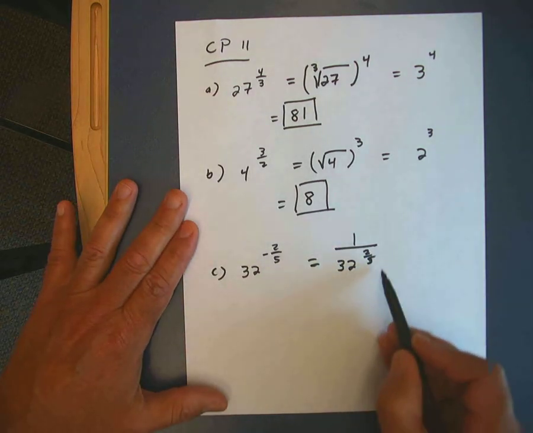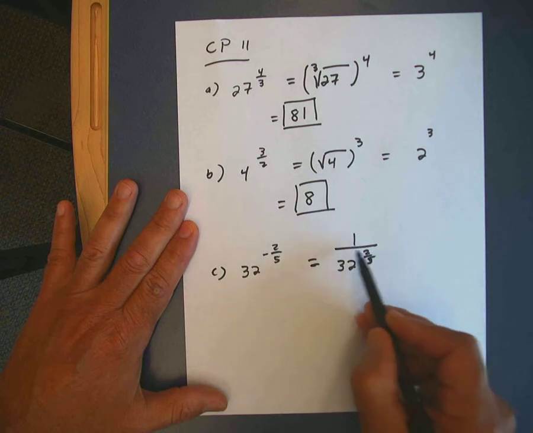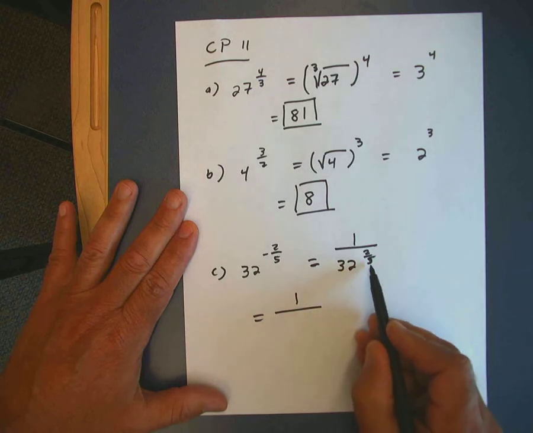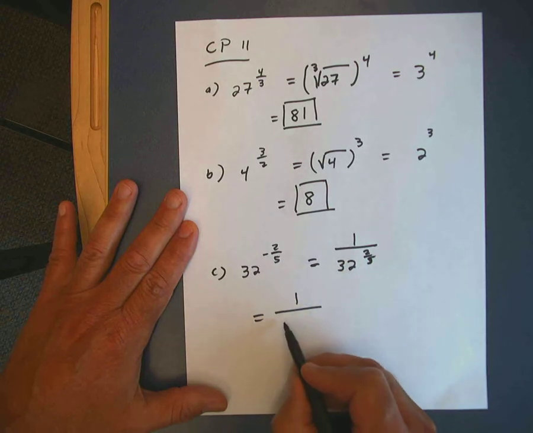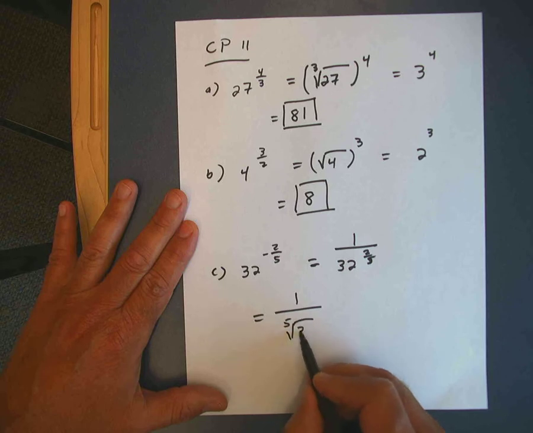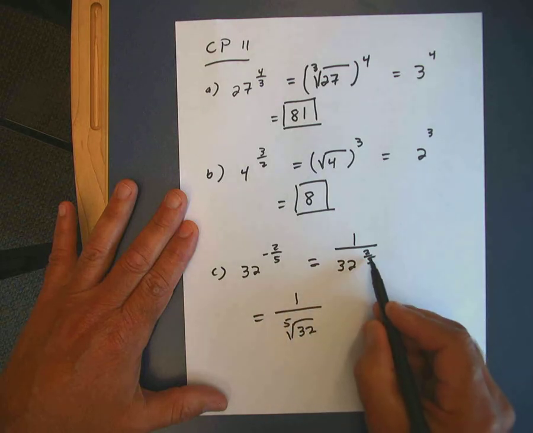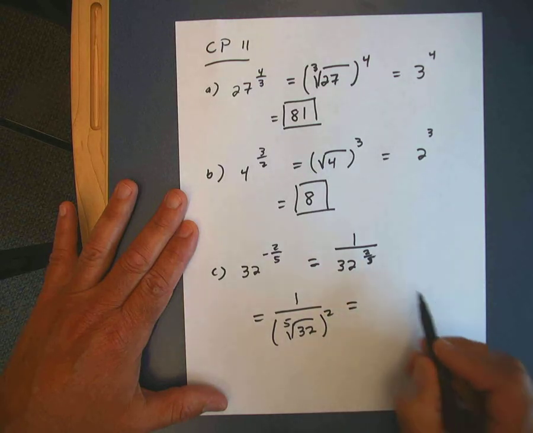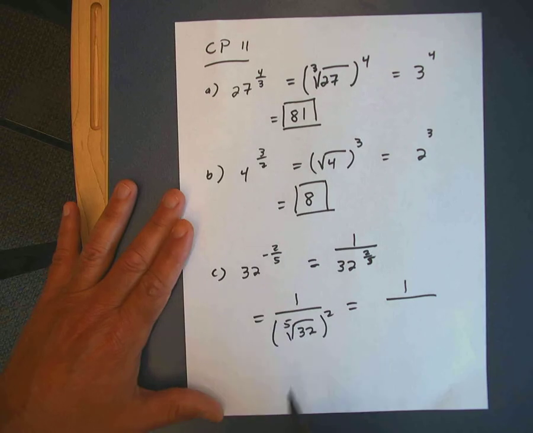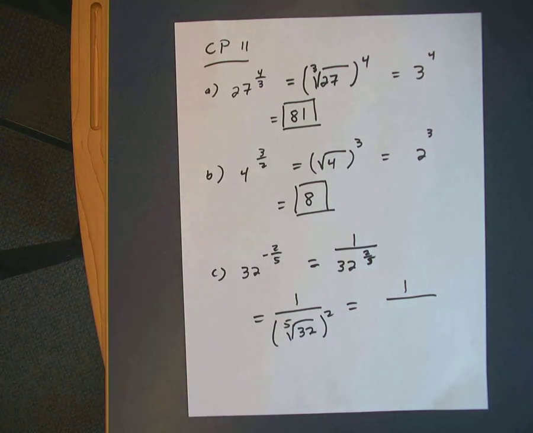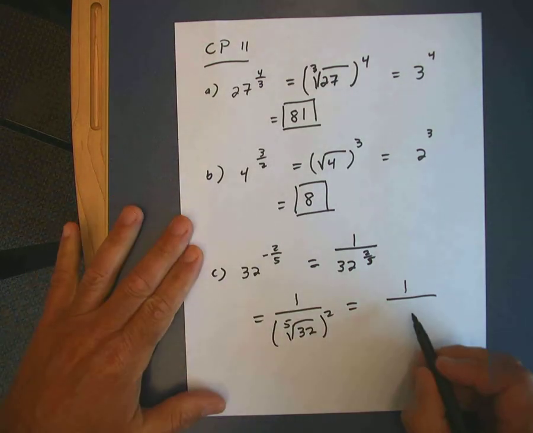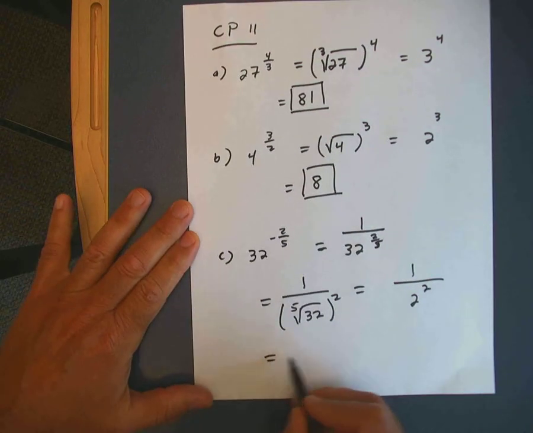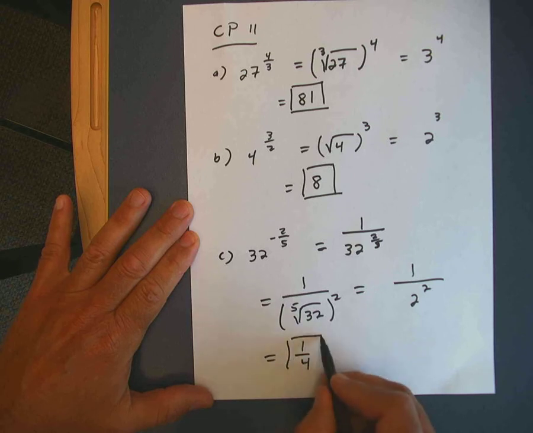And now with this number down here, remember the numerator won't change, so we're going to have 1 over, and let's do the root first, so I'm going to take the 5th root of 32, and then we have to raise that to the 2nd power, because of what's in the numerator. So we get 1 over, the 5th root of 32 would be 2, because 2 to the 5th power is 32, so this is going to be 1 over 2 squared, and 2 squared is just 4, so this will simplify to 1/4.